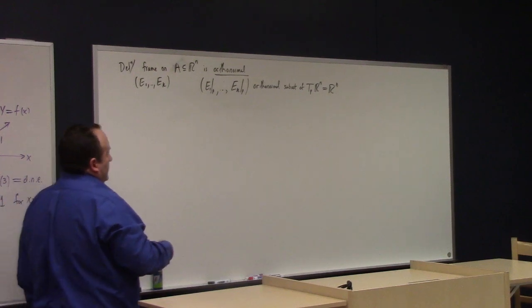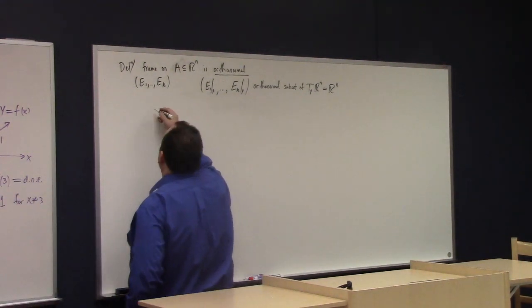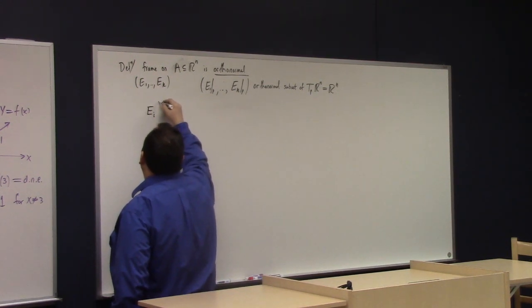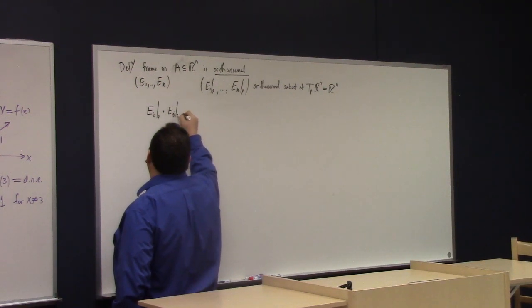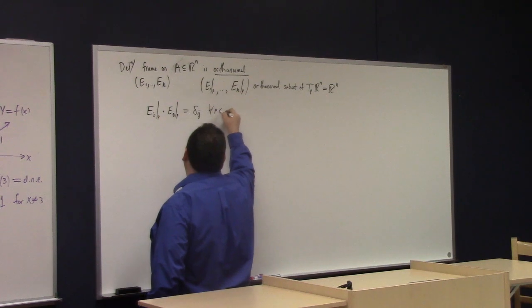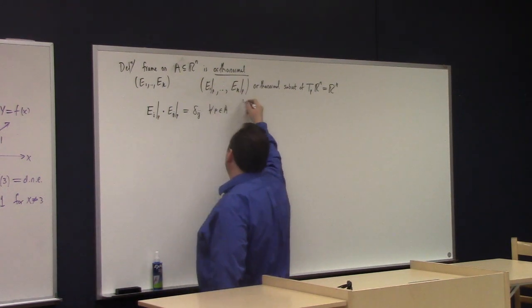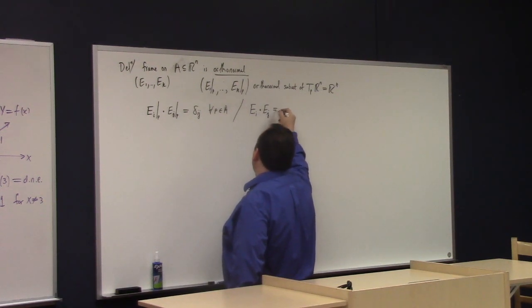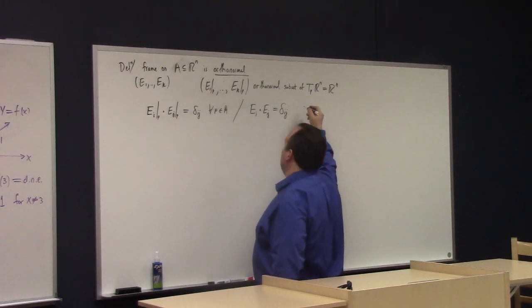So we'd have this formula for an orthonormal frame. If you were to take Ei at P dotted with Ej at P, you would get Kronecker delta ij for all P in A. And so you might as well just say that we have the vector field i dotted with the vector field j is equal to Kronecker delta ij on A. You could say that.